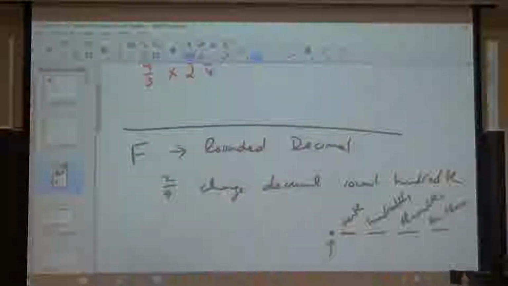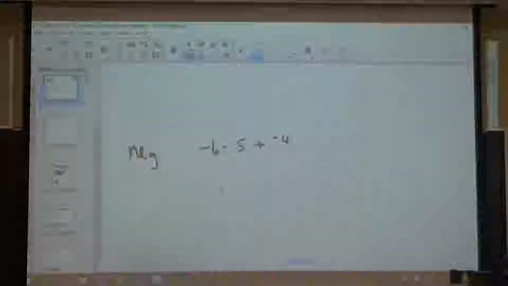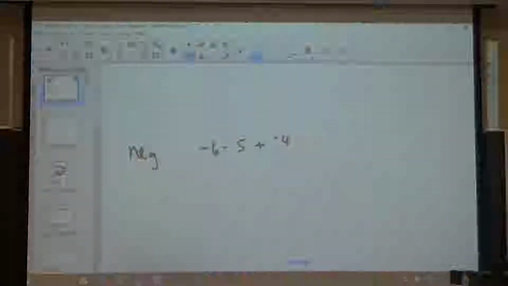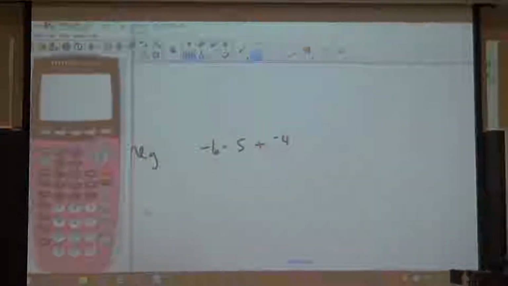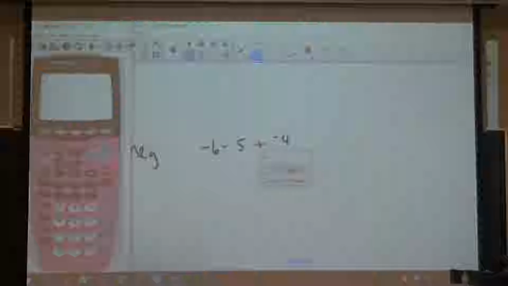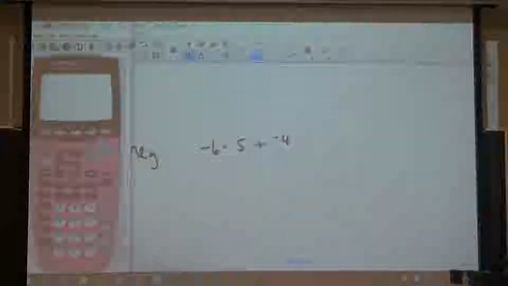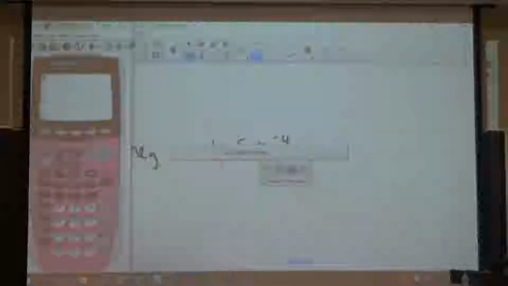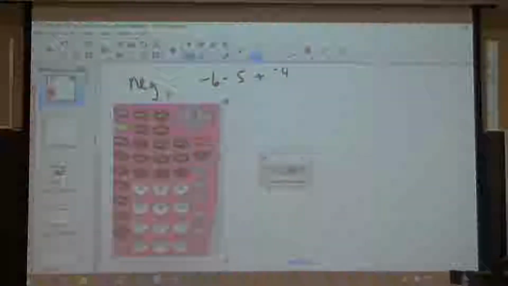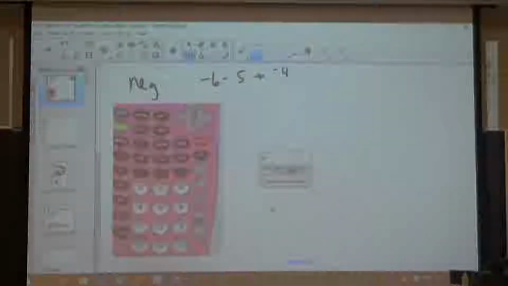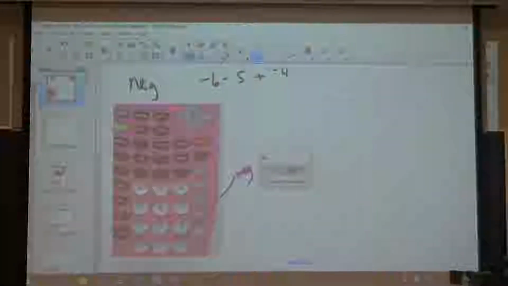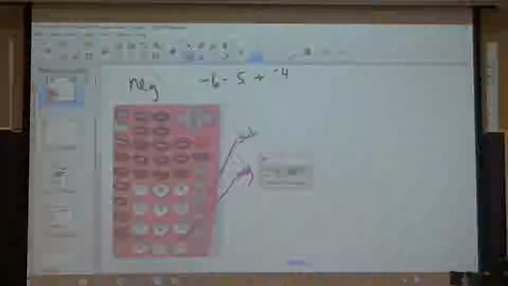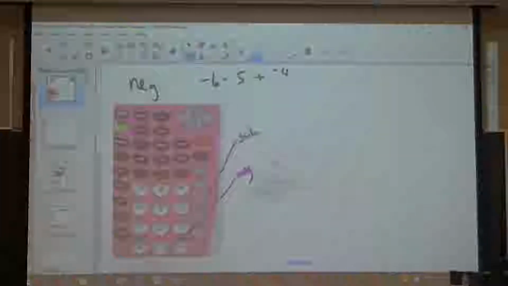Hold on, let me go back up here. Okay, the negative. On your calculator, there is a difference between a subtraction button and a negative button. Here is the negative button. Here is your subtraction button.